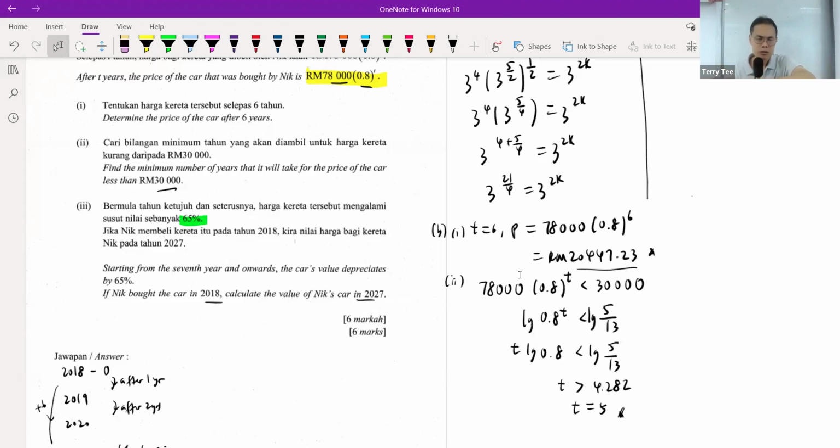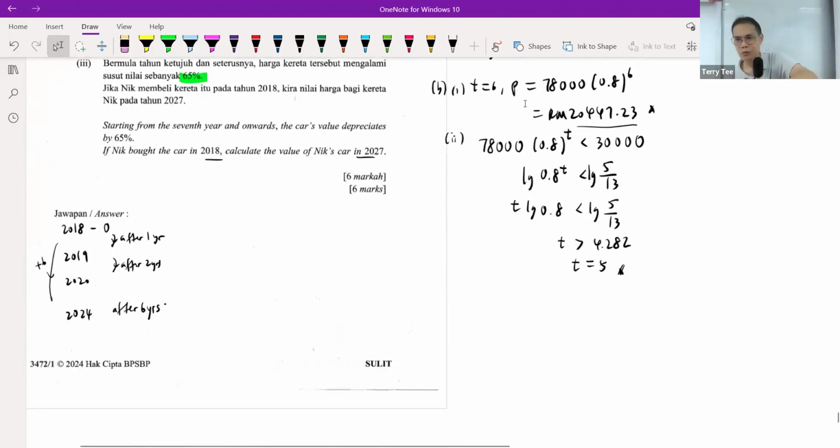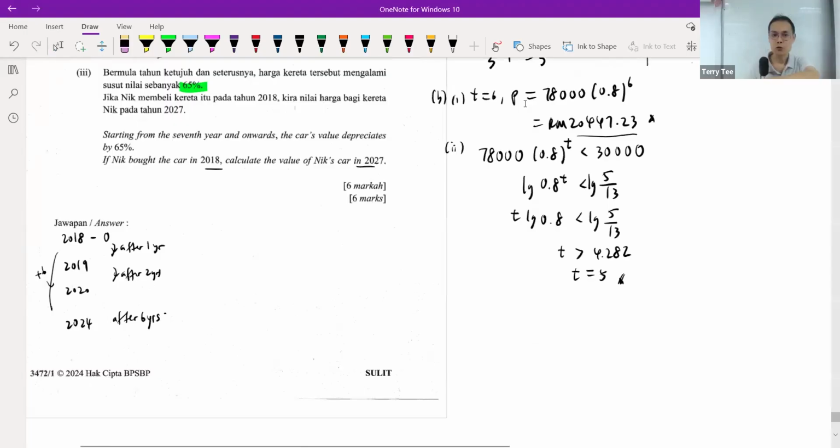It's kind of weird to drop by 65%, so I'll say depreciate to 65%. That means it dropped 35%, so it reached 65% of the value.